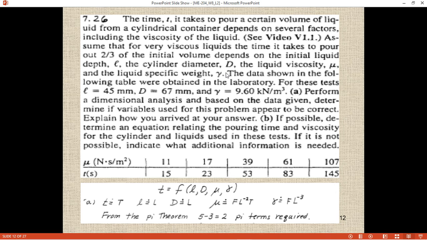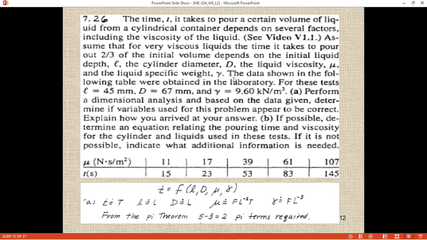So the pouring out time depends on certain variables: the length of the container or cylinder L, the diameter of the cylinder d, the liquid viscosity mu, and the liquid specific weight gamma.